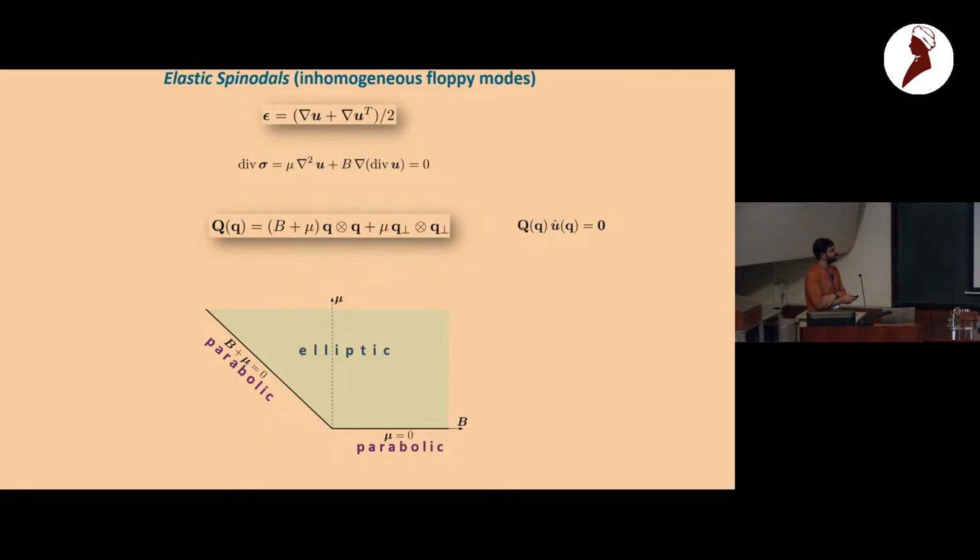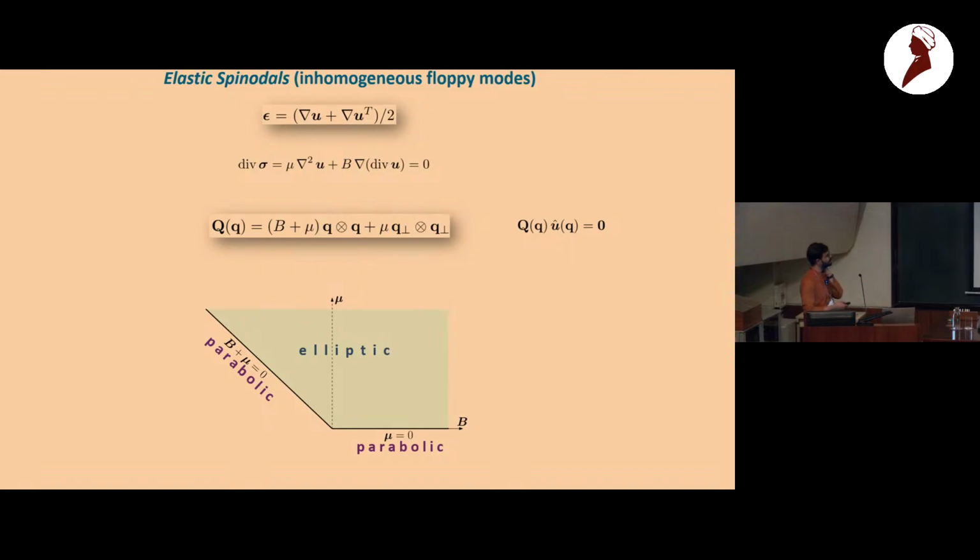And the eigenvalues here, instead of shear modulus and bulk modulus, have this curious combination, B plus mu. This is two-dimensional elasticity. So instead of these two lines, which were my classical spinodal lines, in elasticity you get a new kind of spinodal line, where this is the usual fluid where shear modulus vanishes, and this is like a crazy material where bulk modulus can be negative.